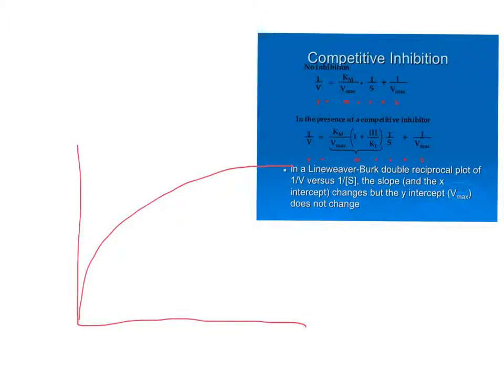So what this says is that color, whatever that color is, is wild type or no inhibitor.